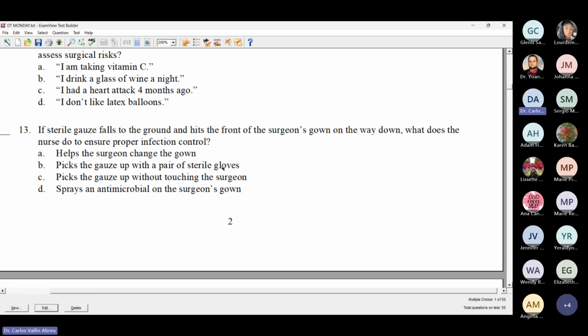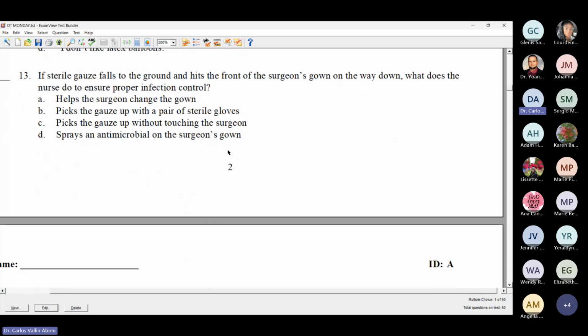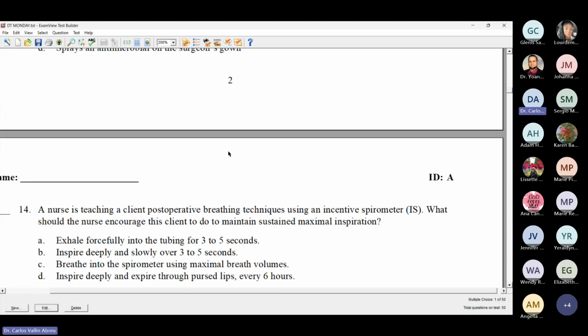Pick the gauze up without touching the surgeon. Oh, this is correct. Don't touch the surgeon, and pick the gauze up. Sprays an antimicrobial on the surgeon's gown. No need of that. So the answer is C. You only need to understand what you are reading.